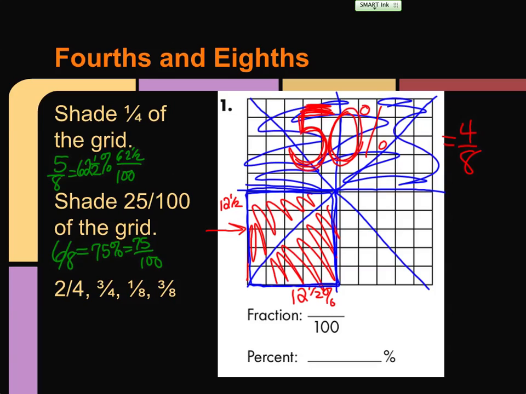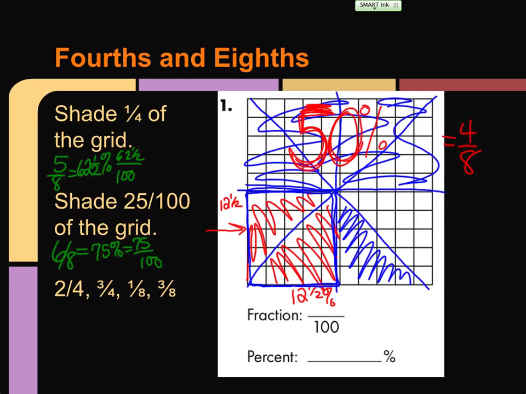Now we have 7/8. Well, right now we know that this is 75%, right? If I add another eighth, what am I going to add together to find 7/8? How am I going to find 7/8? Add another 12.5.